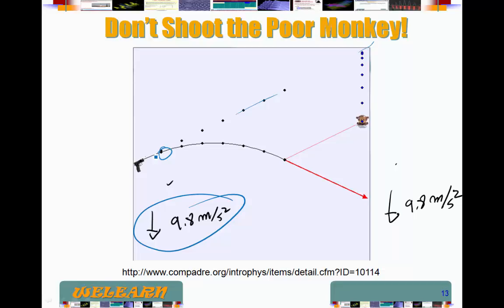What we are saying is that the monkey has moved at that first second by the same amount. Now, what about the second second? The second second, the monkey is going to move this much to that second position, from here to here.